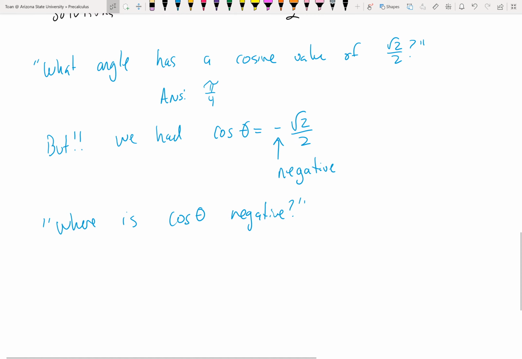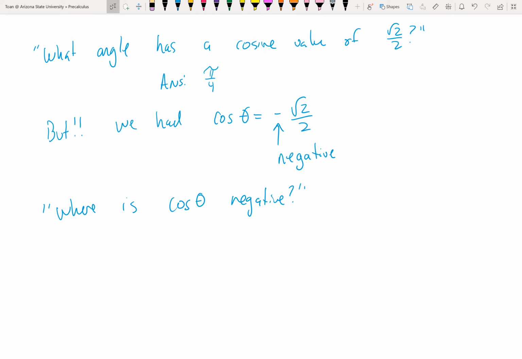Again, all of these questions I'm asking myself should be easy questions for us to answer, since we've gone through Unit 5 and 6 and spent the first half of Unit 7. So the answer, of course, where's cosine negative, is in the second quadrant and then the fourth quadrant. So now knowing that my reference angle is pi/4, I just have to put pi/4 in the respective quadrants. So there's pi/4, here's pi/4.